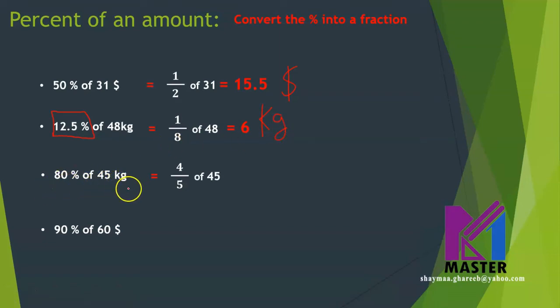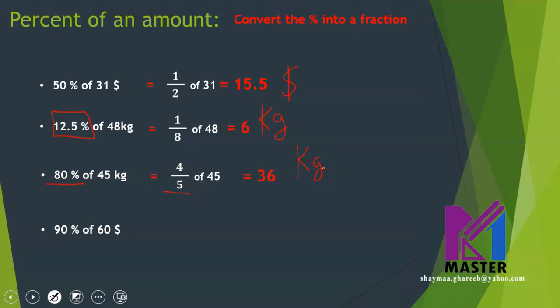80% of 45 kilograms, the 80% is same as 4/5. So 4/5 of 45, 45 divided by 5 equals 9. 9 times 4 equals 36 kilogram. Okay?